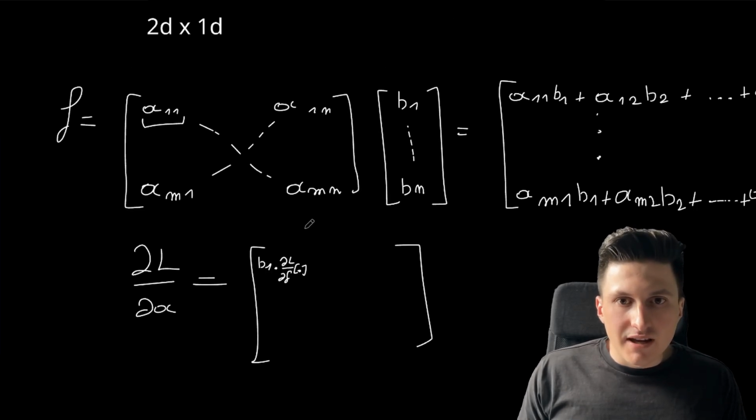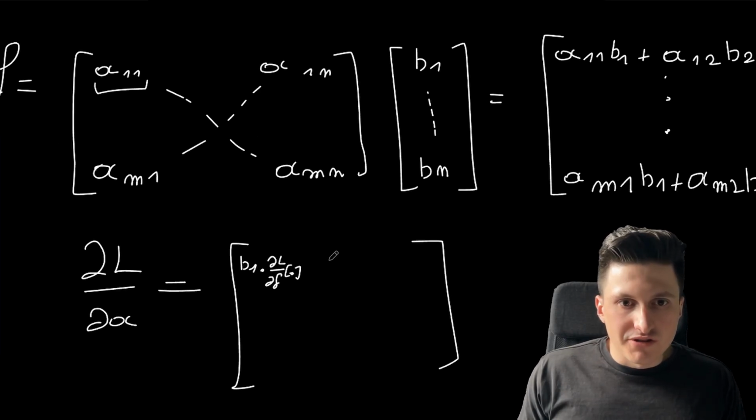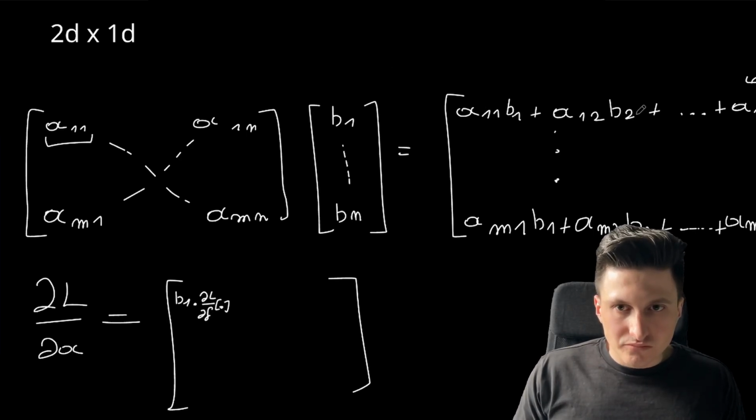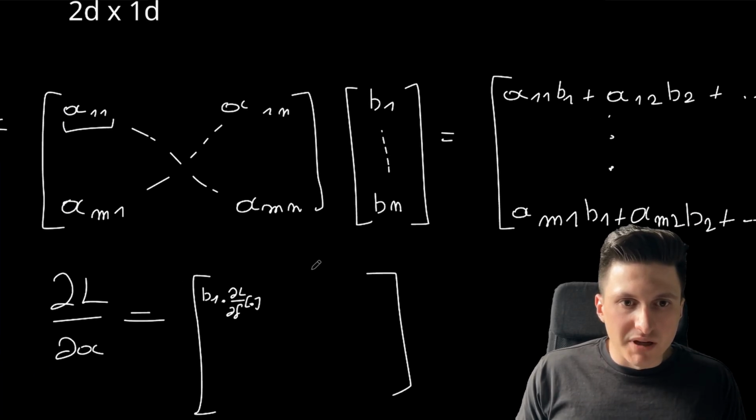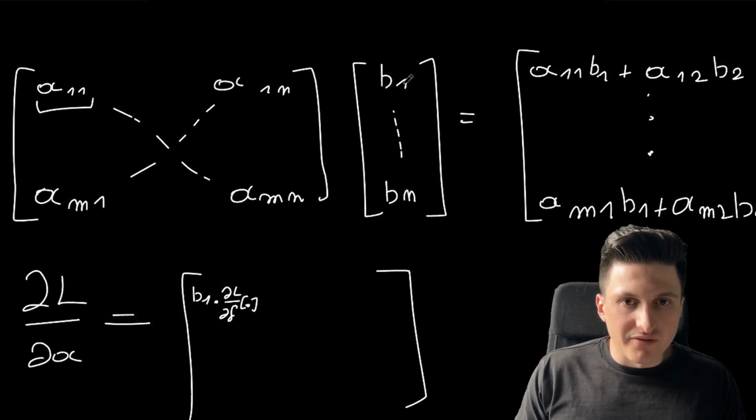And actually in the entire first row we are constructing this first element. So for this entire row the derivative is just the element b for that specific index.